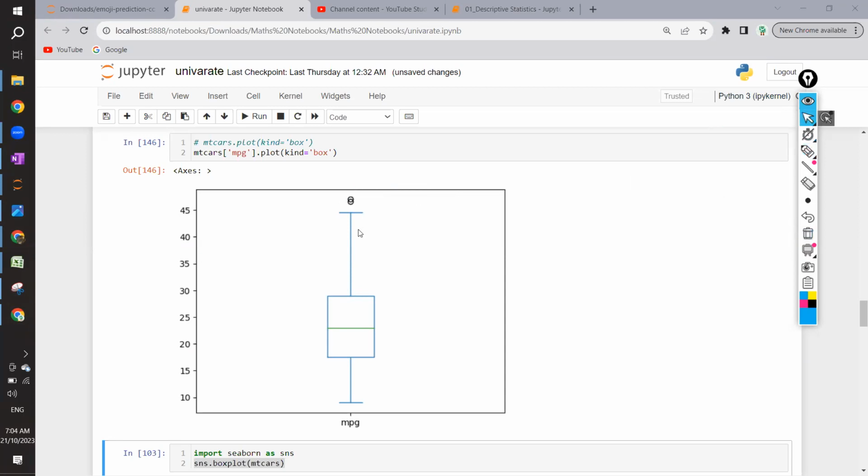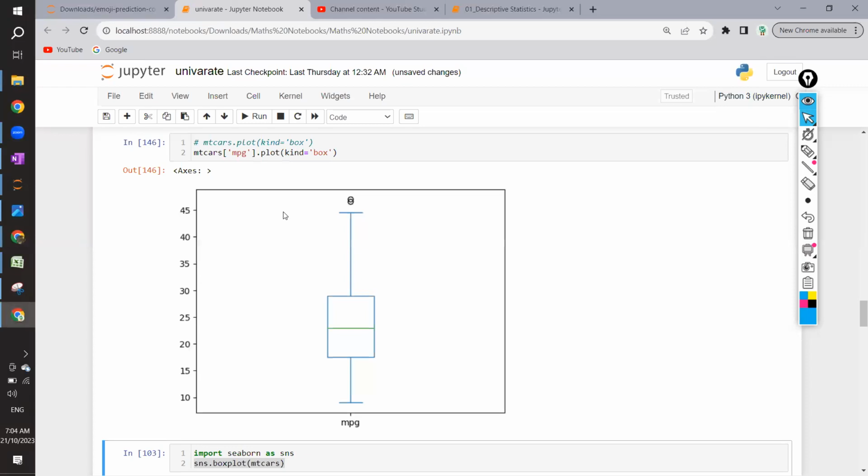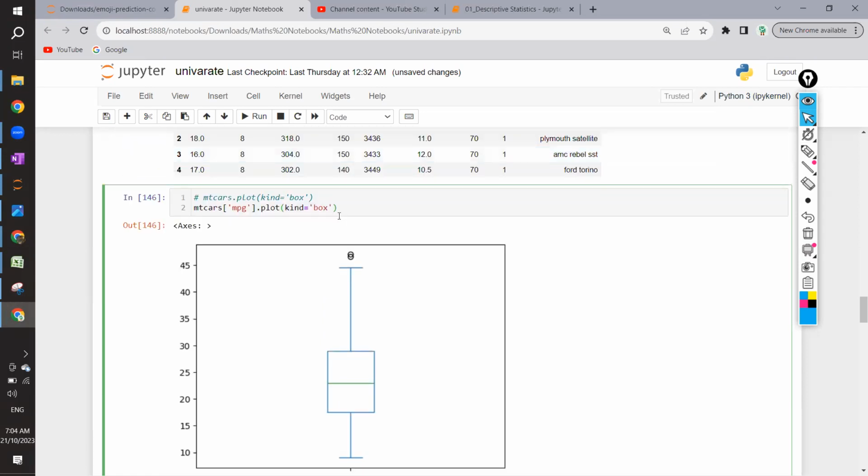So you can directly see it on the data frames. You can add 48, and it will show three outliers. Like that. That is how you can draw using the basic plot diagram, from the data frame itself, using matplotlib.